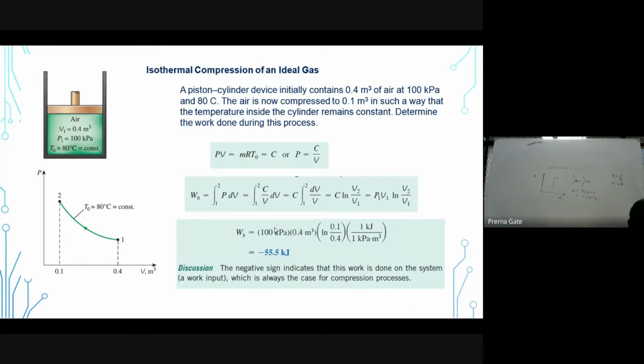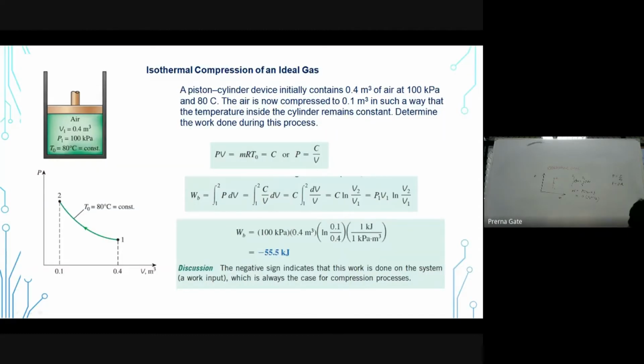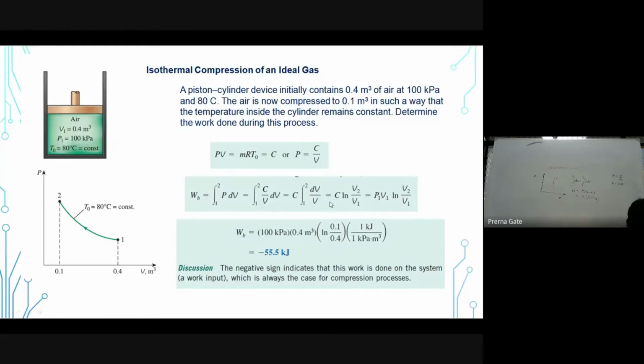I am associating every process with some sort of numerical so that you can get a feel of it. For GATE point of view, this derivation is not important, but you should know how the final result comes out.